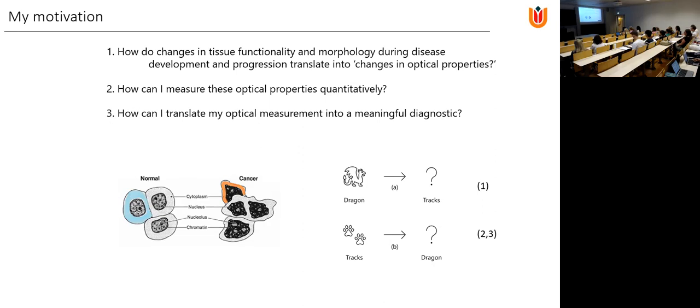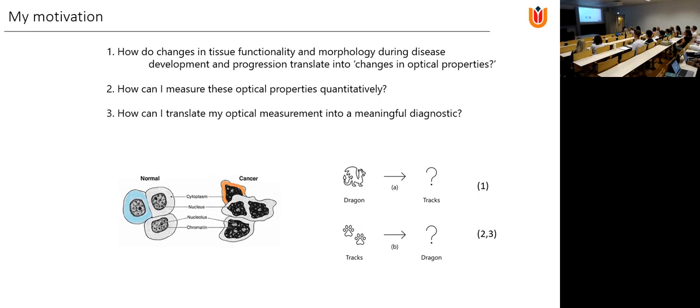The problem here is summarized a little bit in that cartoon about the dragon and tracks. If you have a dragon and you observe that it leaves some tracks, if you know what the dragon is, you can predict what the tracks are going to be.